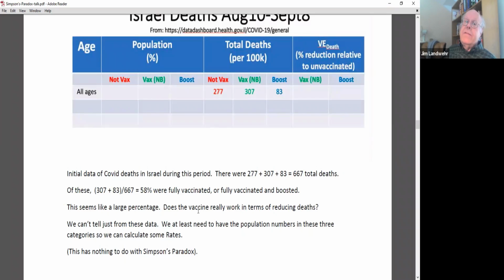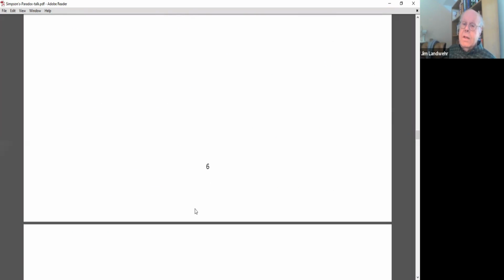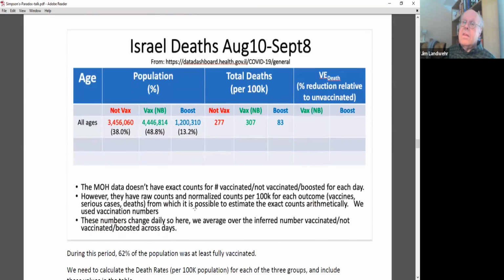Since Israel has these very good health records, Morris was able to get data. Now we can look at the numbers in the population that were in each of these three categories. According to Morris, of the Israel population, 3,456,060 were not vaccinated.